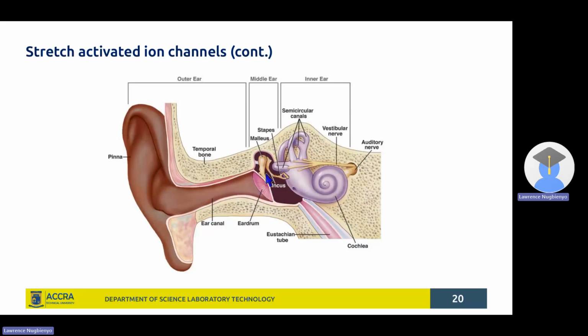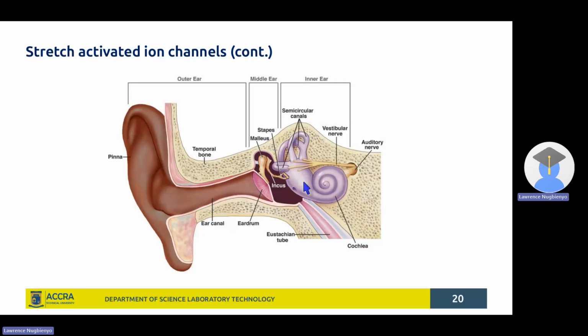Or you have some deformation of the middle ear, where you have these 3 bones being defective and not carrying out their function properly. Or you have a problem with the inner ear, either with the fluid which is inside.